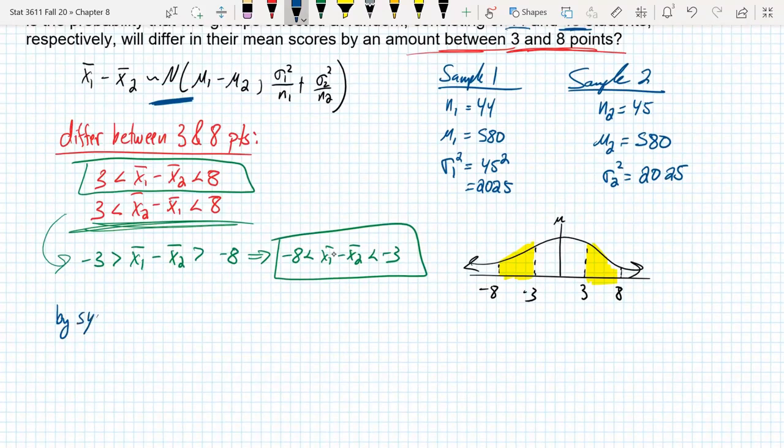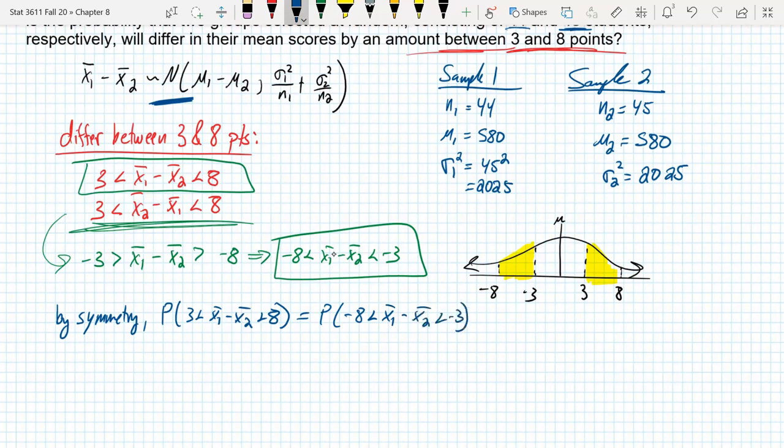by symmetry, the probability that x1 bar minus x2 bar is less than 8 is equal to the probability of x1 bar minus x2 bar being less than or equal to -3.